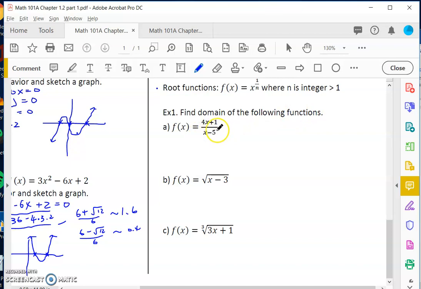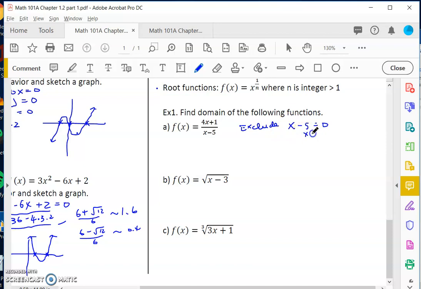So if we have a rational function with a polynomial function in the denominator, our natural domain would need to exclude all the x values where the denominator, x minus 5, is equal to 0.